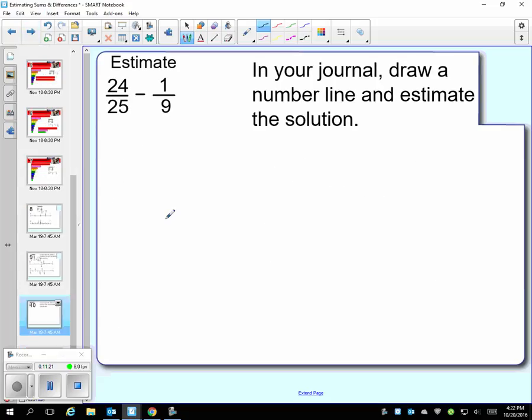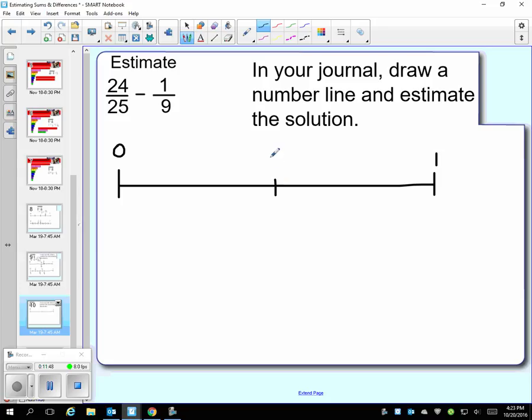Okay, now I want you to try this one on your own. Pause the video so that you can draw your 2 number lines in your journal. Okay, so my number lines look something like this.